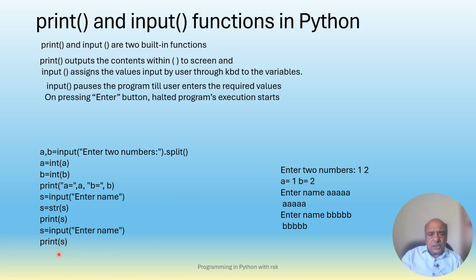Then we ask for another name. s is equal to input, enter name. In this case, enter name will appear first on the console, against which I have entered some random name, BBB, etc. That we again assign to the same variable s, and then we output the name that has already been entered by the user, with this statement print s.